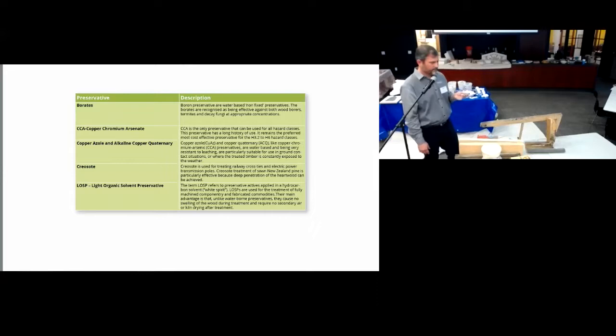For those, one product we use is made by a company called Woodlife, and they have a water-based, no VOC version of it that we can use in California. Some of the challenges with these preservatives in general is the state of California doesn't allow them to be imported in bulk or even used in some cases.